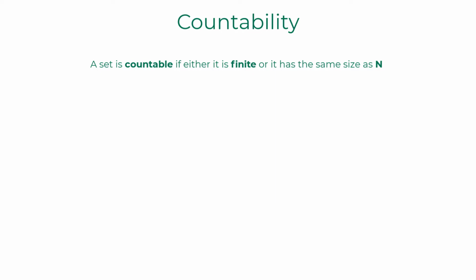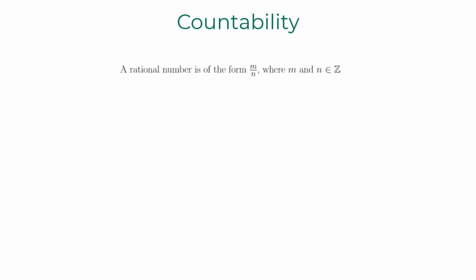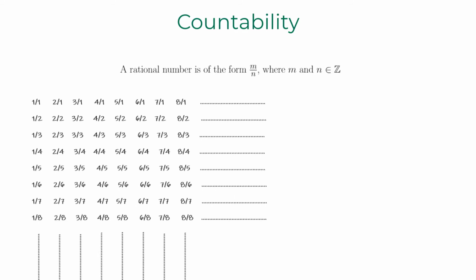Now let us see if the set of rational numbers is the same size as natural numbers. At first glance, it might appear that the set of rational numbers is bigger, but trust the correspondence tool provided by Cantor before coming to any conclusion. First, let me visualize the set of rational numbers this way.